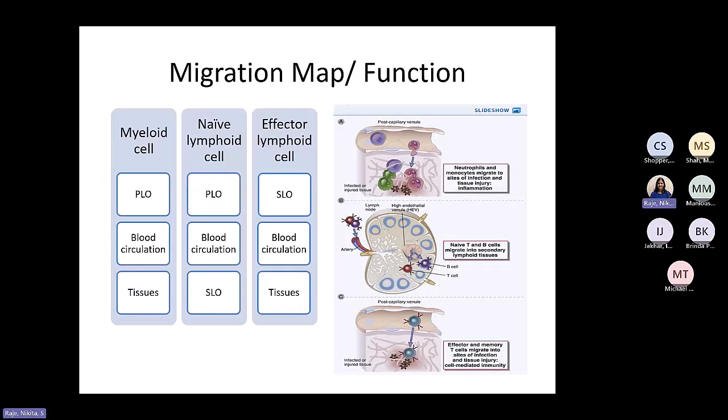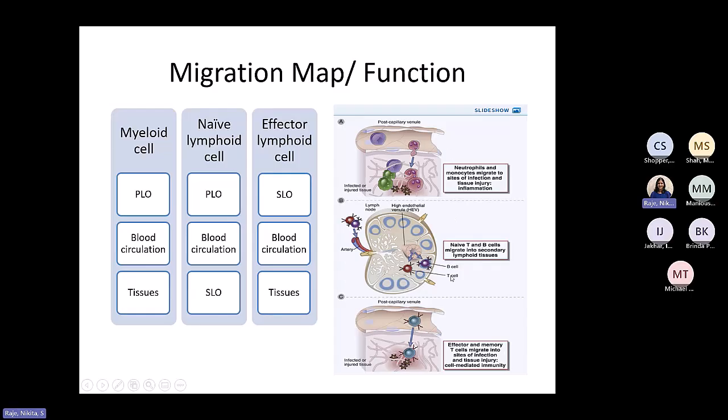So when we look at where these cells move from one place to another, it's important to know that the type of cell and the stage of the cell or the phase of the cell determines where they move. For example, the myeloid cells, so neutrophils, monocytes, other myeloid cells, they can migrate from the circulation to the site of infection and tissue injury. That's where they end up and cause the inflammation.